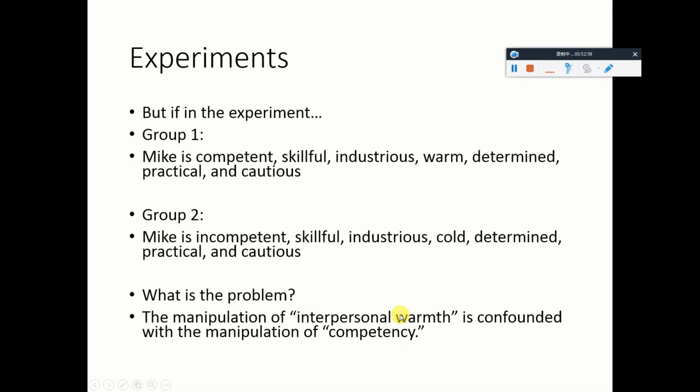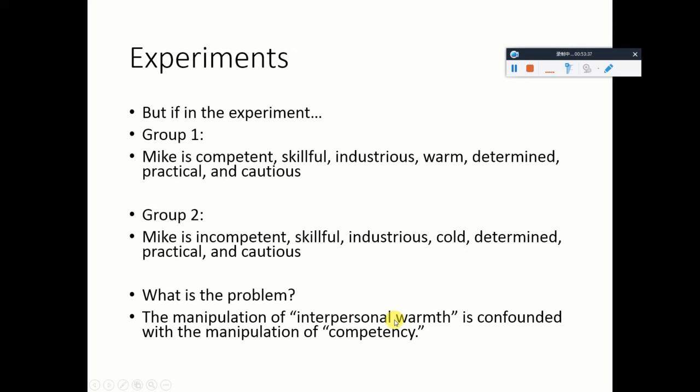And because the two manipulations, the manipulation of warmth and the manipulation of competency, happen at the same time, we'll not be able to determine whether it is this manipulation or that manipulation or both manipulations results in any change in the perception of Mike's friendliness. We simply don't know. Okay? So that way, we'll not be able to establish any kind of causality because there are confounds. And the confounds are due to the manipulation of these two variables at the same time.